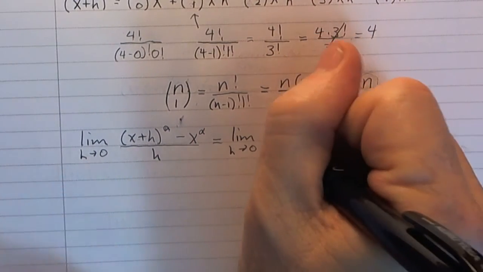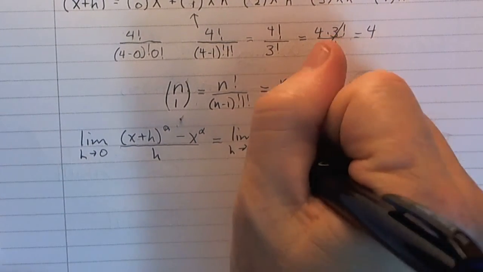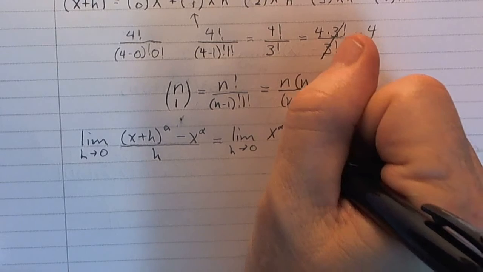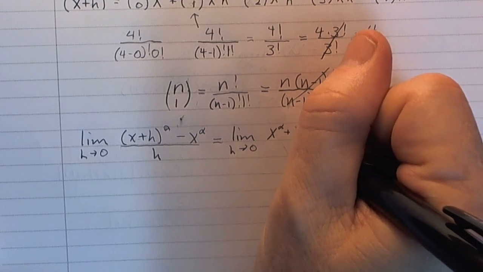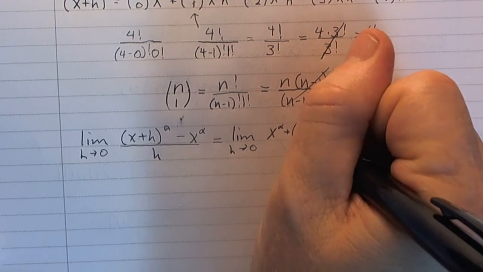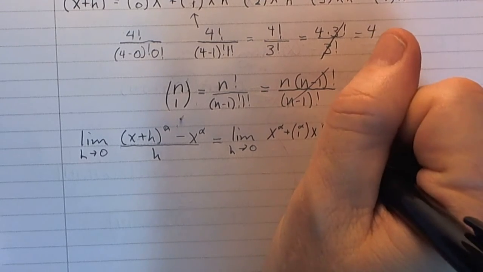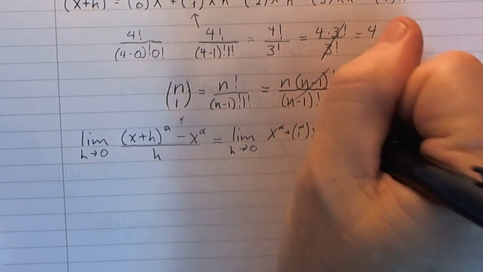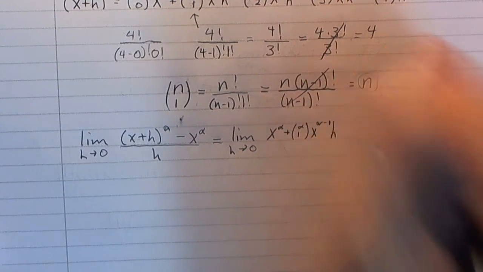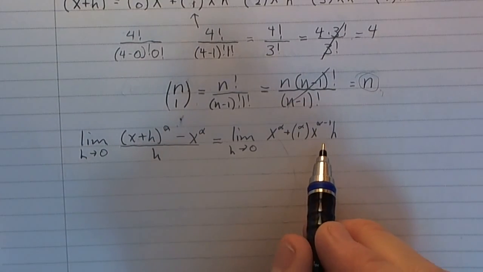I'm going to get x to the alpha plus, the next term is going to be alpha and a 1 right there, x to the alpha minus 1 h, right? That would be the second term.